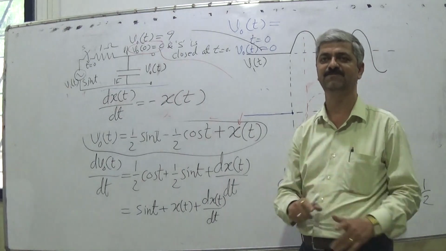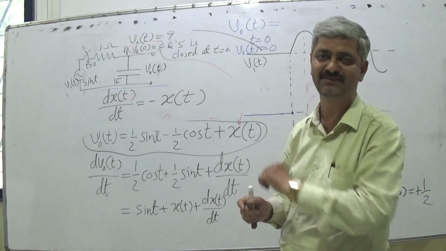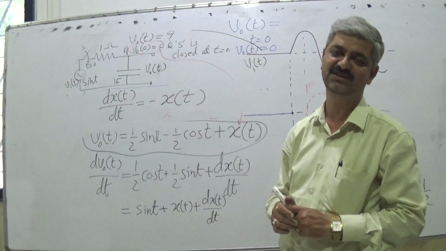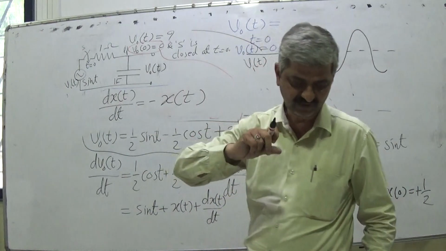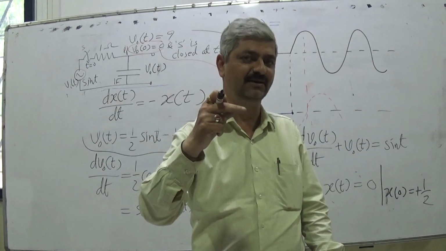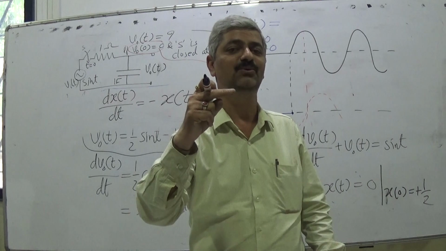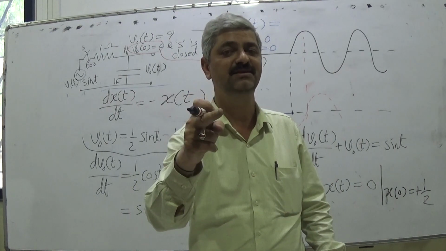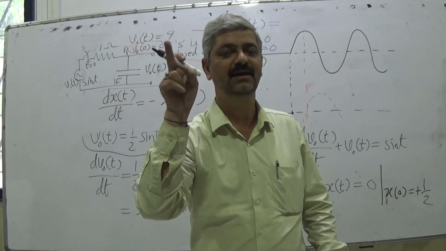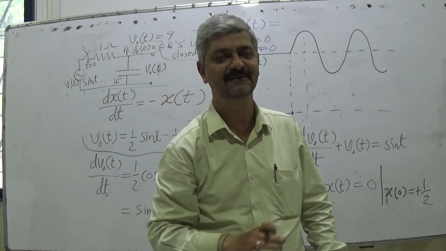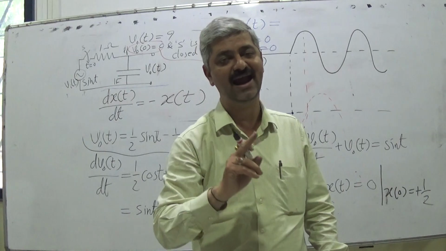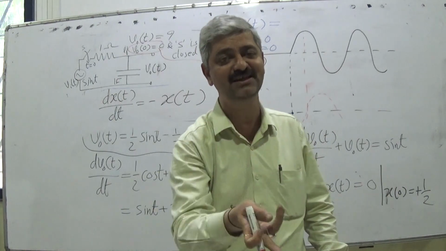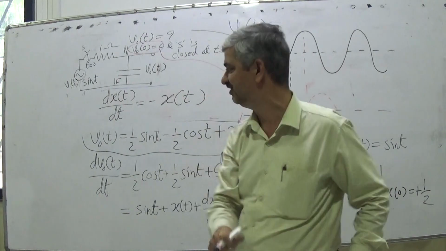This is satisfied by only one function, whose derivative is the same as the function, a e raised to t, because the derivative of e raised to t is e raised to t. For the negative, a e raised to minus t.